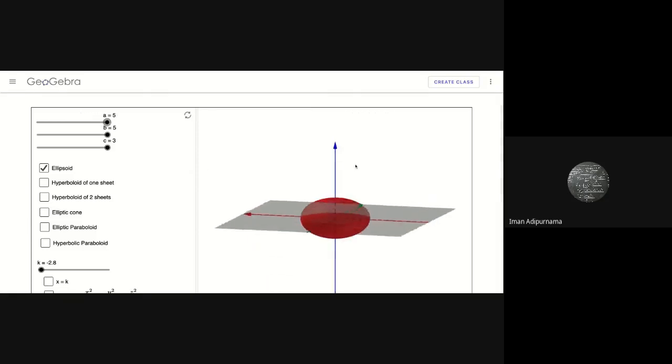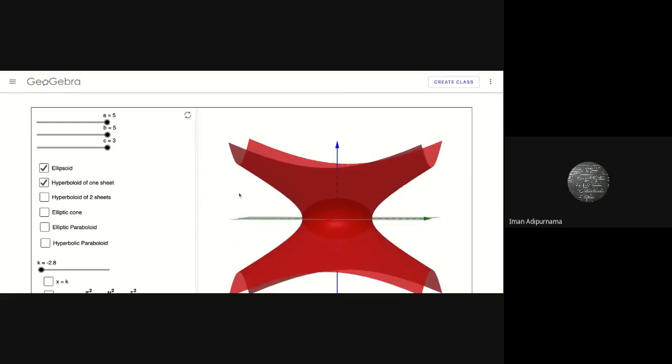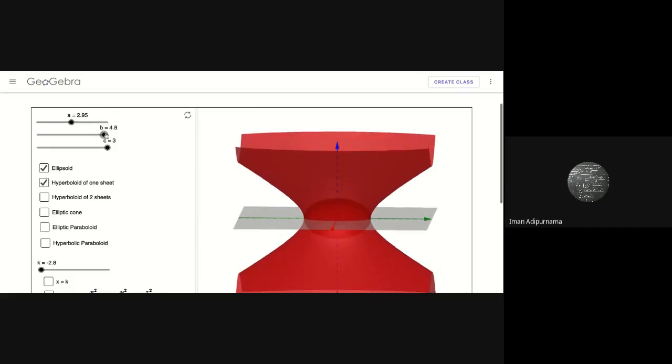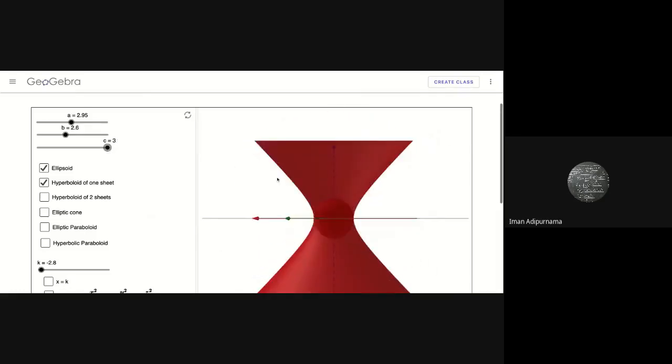To any number you want, right? So this is the ellipsoid. The hyperboloid of one sheet. You can make it smaller so you can see the shape.